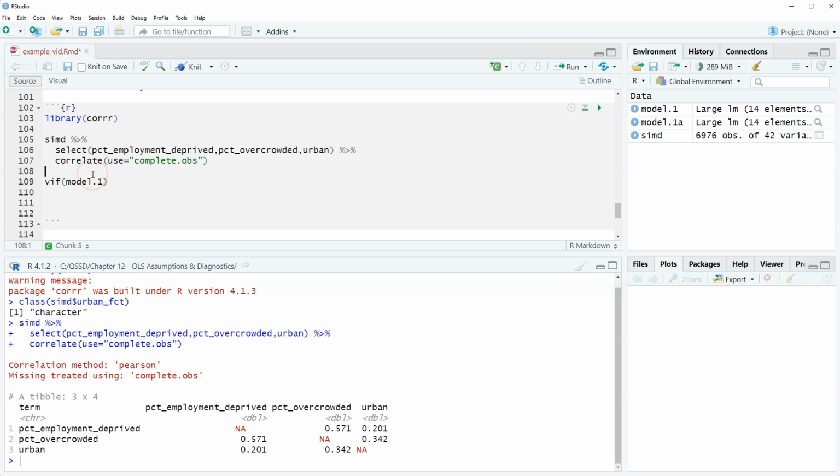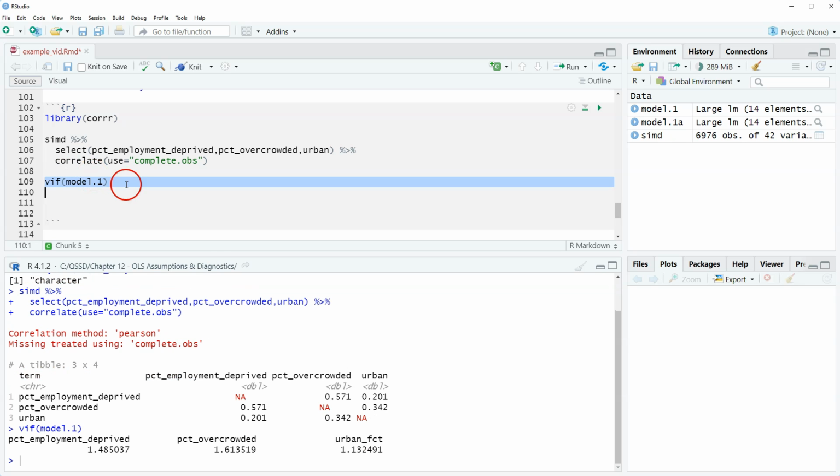So let's run this. Okay, what we're looking for here is very much a rule of thumb situation. Generally, the rule of thumb is that if the VIF values are 10 or larger, then we have multicollinearity. These are nowhere near it, right? So we don't need to worry about it.